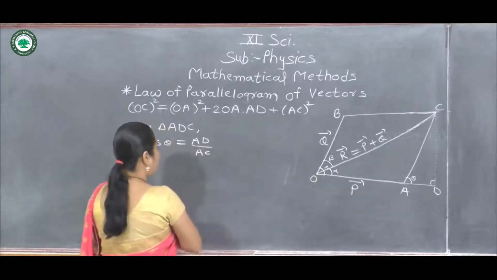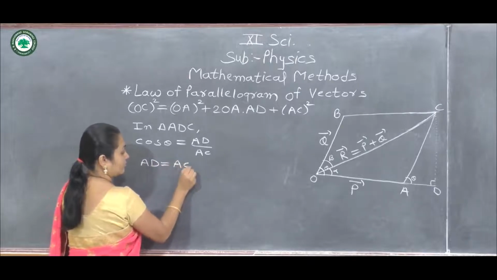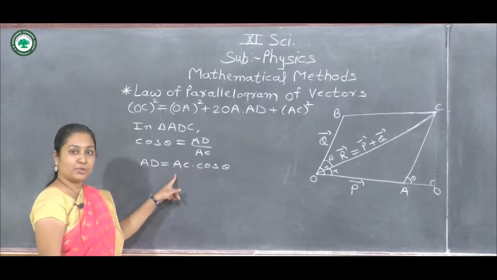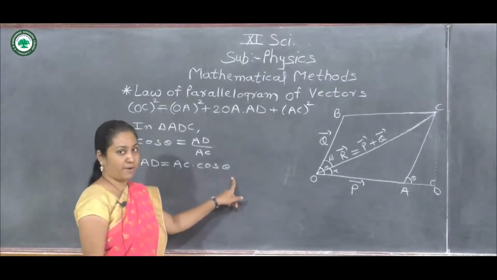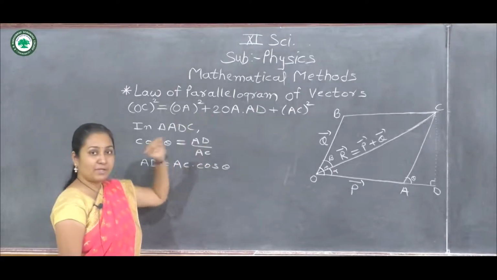So from this we have AD is equal to AC cos theta. Now we can substitute this value in the same equation.